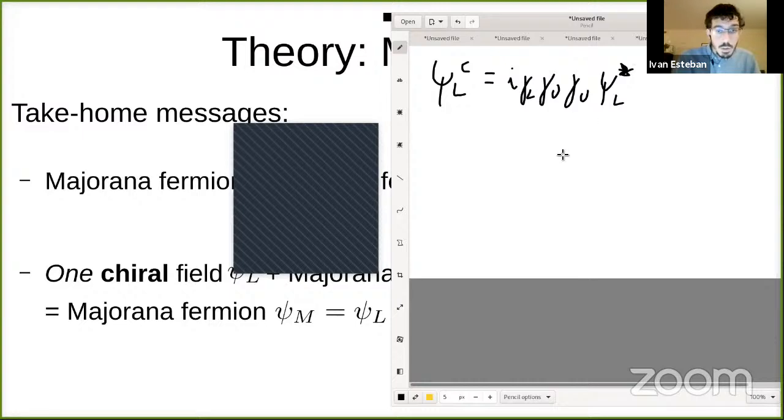And then what is true is that, since this is non-zero, one can check that this is a right-handed chiral field. So this has a right-handed chirality, and this is why we can take this product, which only mixes different chiralities.